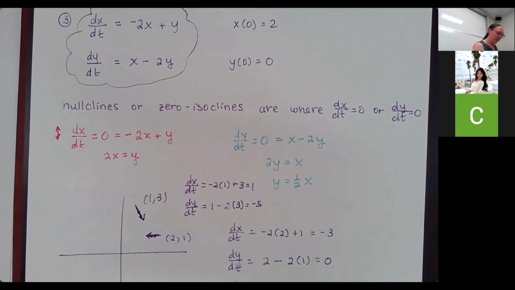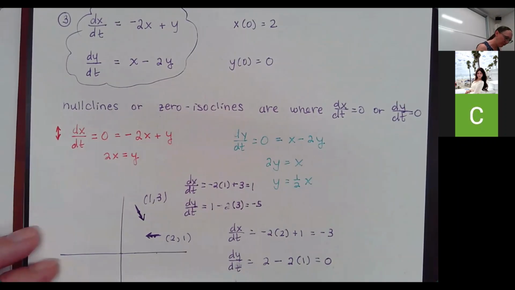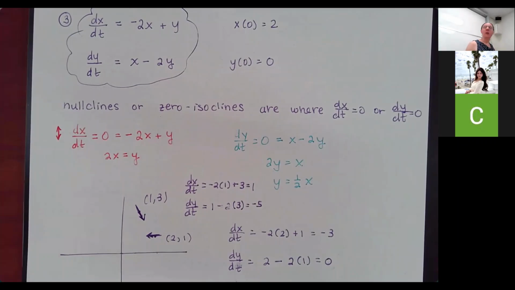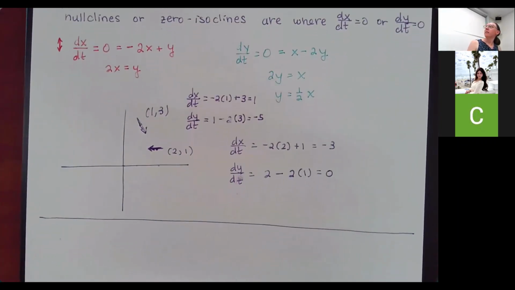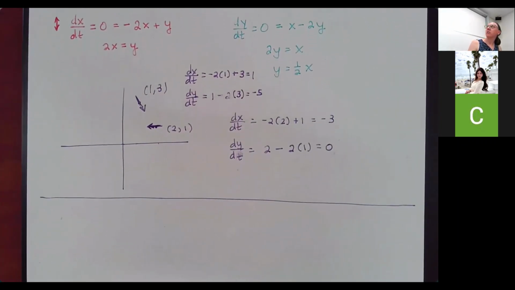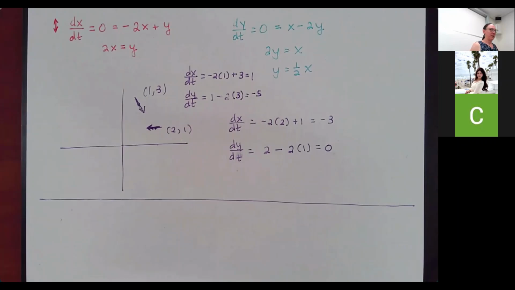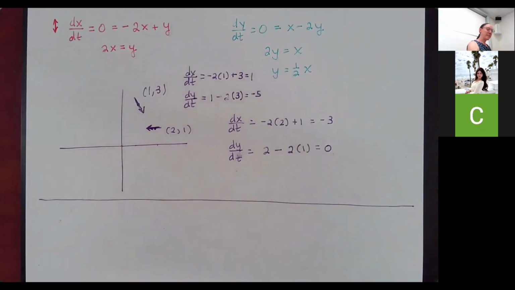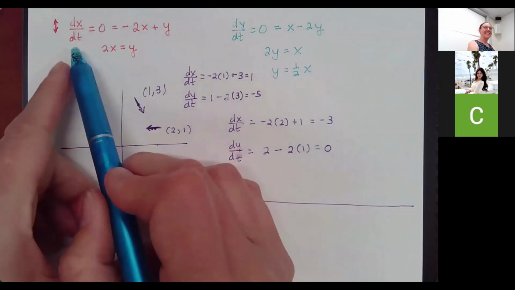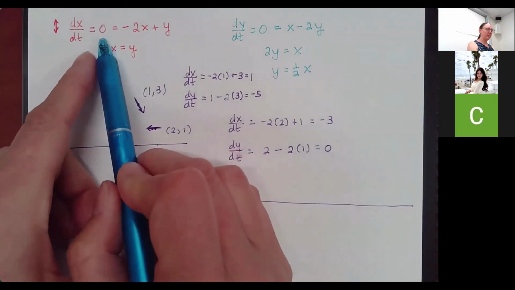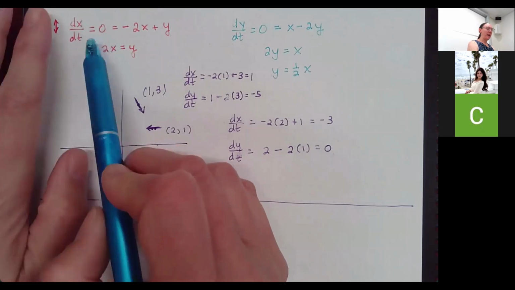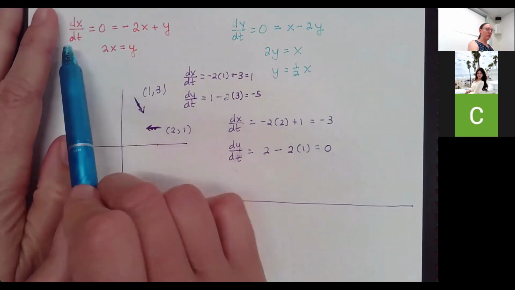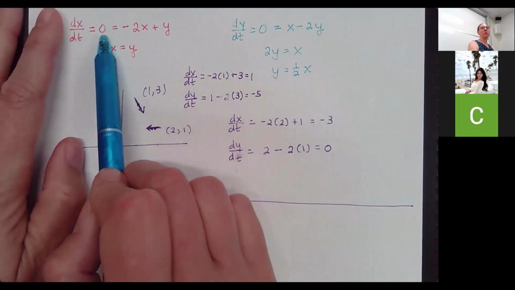But I do want to come back to the magic of nullclines. In that same sense, if I had to find a direction field along my dx dt nullcline, I know that the x component of my direction vector is going to be 0.